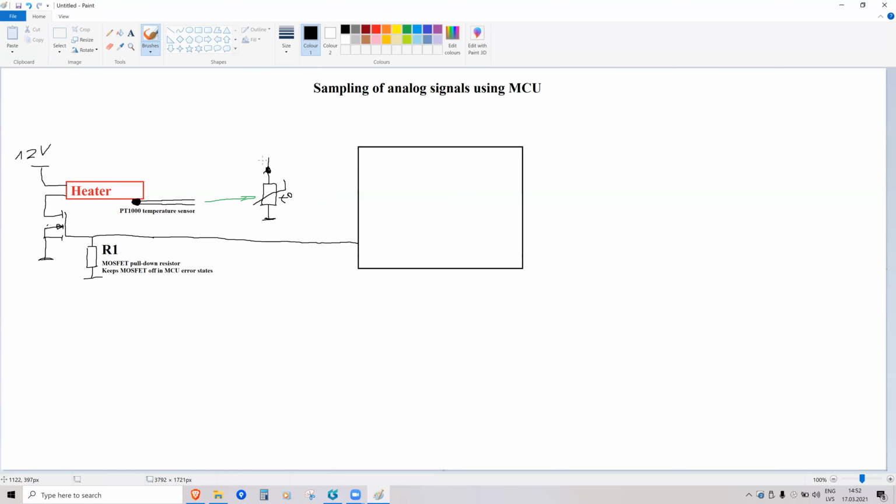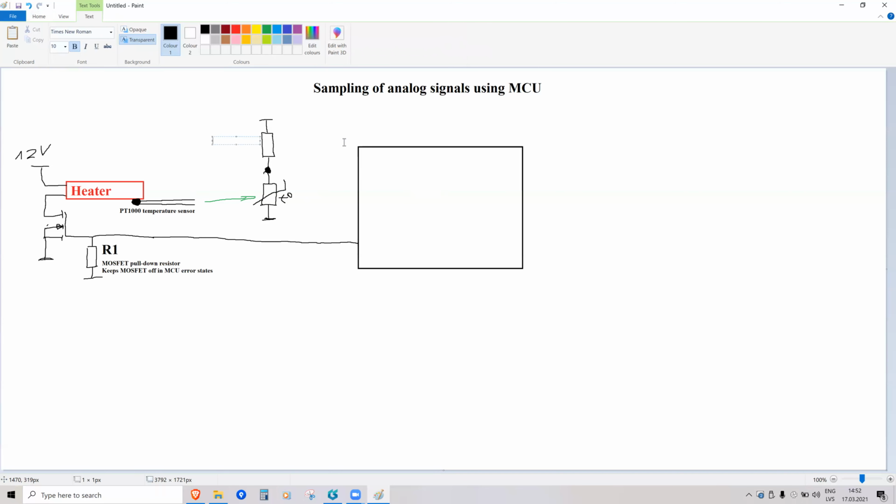And usually you would have some top resistor so that this point is somewhere in the middle of the microcontroller's analog to digital converter range, and you can measure some voltages between ground and supply voltage. We will call this resistor bias resistor.